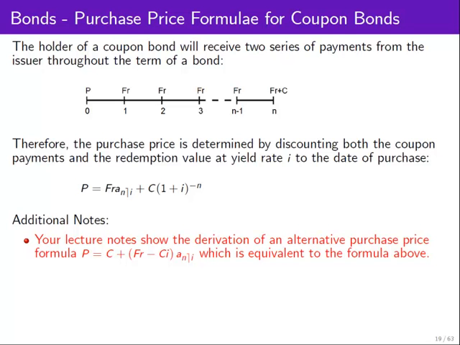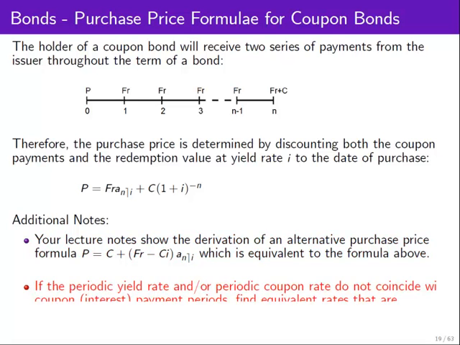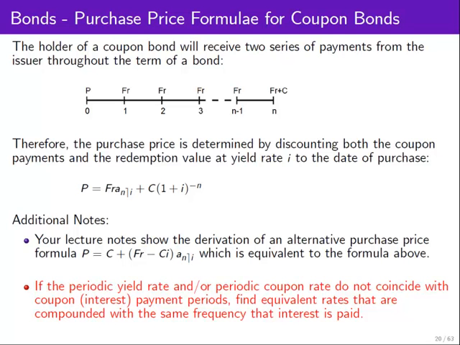Take note that there's also an alternative purchase price formula, and if you take a look at your lecture notes, it shows you how this formula is derived. Also, make sure that the periodic yield rate and the periodic coupon rate coincide with the coupon payment periods. For example, if your coupon payments are monthly and your rates are compounded semi-annually, find equivalent monthly rates.